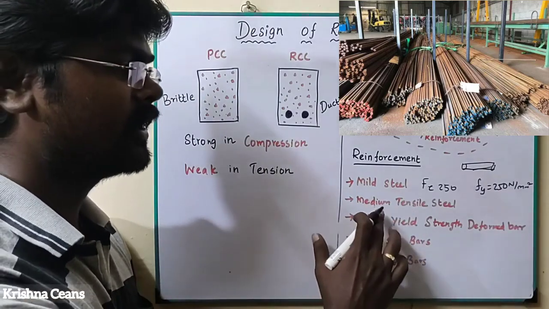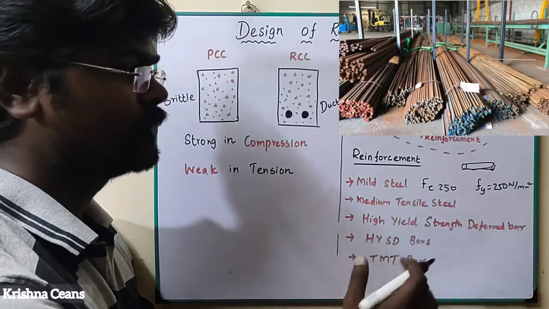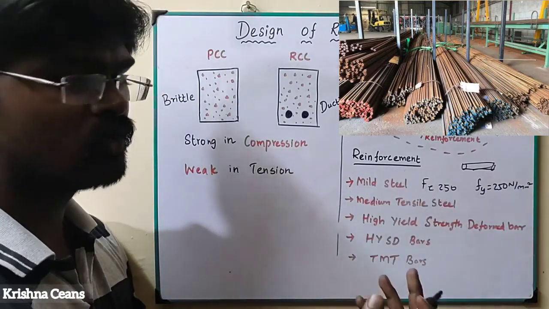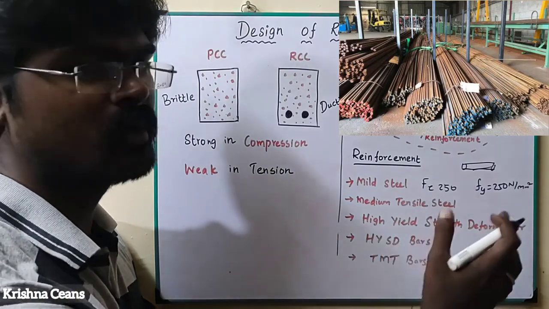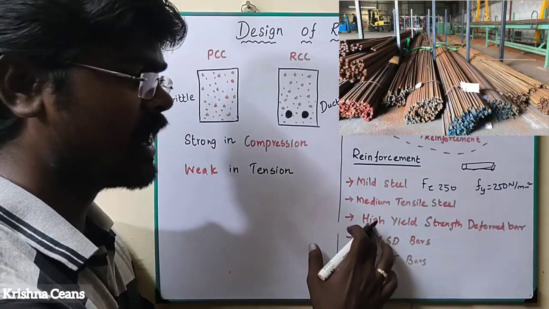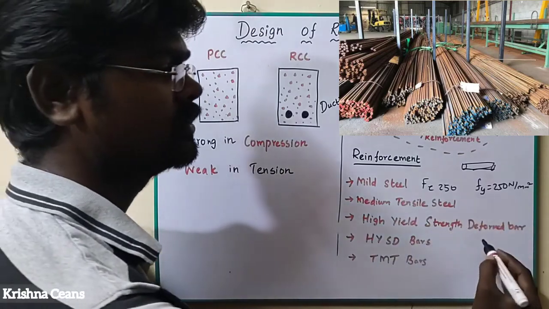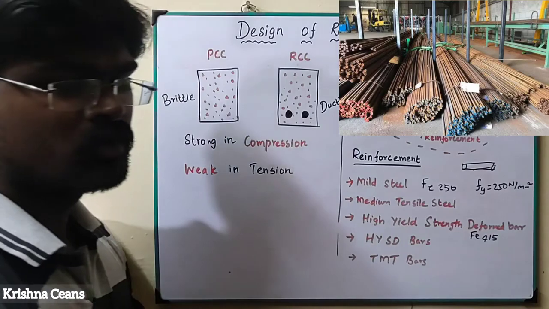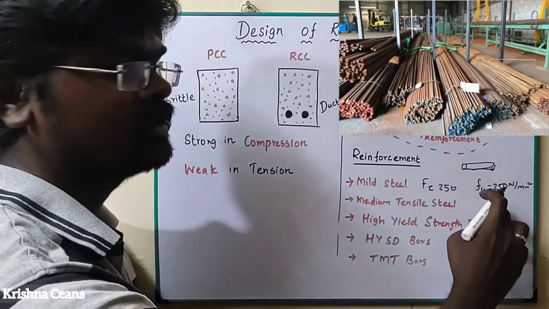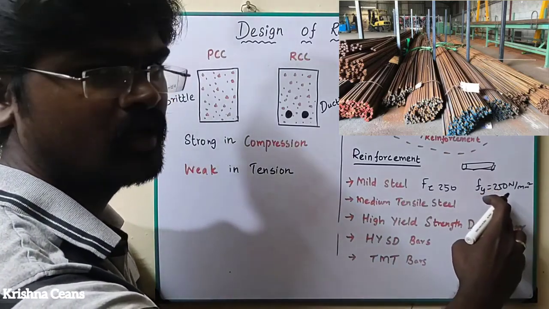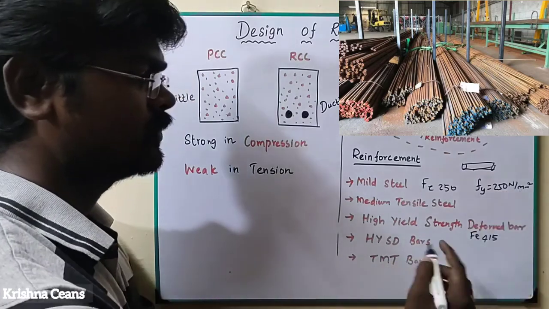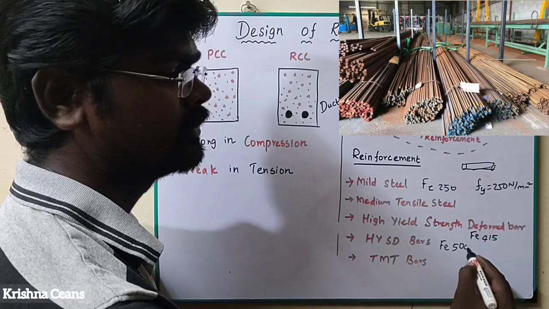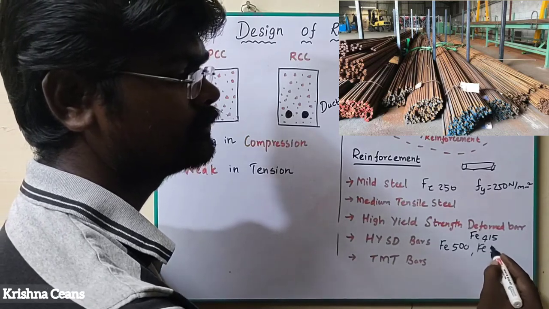After that they introduced medium tensile steel, which is greater than Fe 250. After that, nowadays in most cases we use HYSD bars. HYSD bars are high yield strength deformed bars. In that we use Fe 415 and Fe 500, where 415 is the tensile stress of 415 Newton per mm square. Then HYSD bars are available as Fe 500, Fe 550.